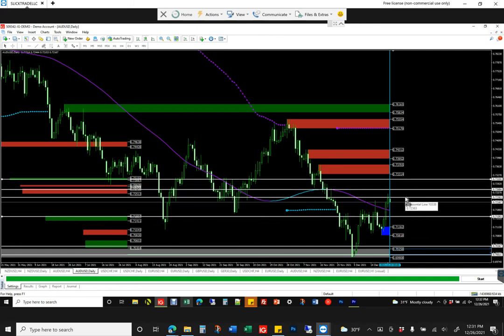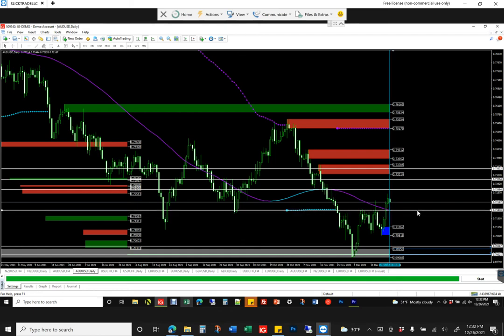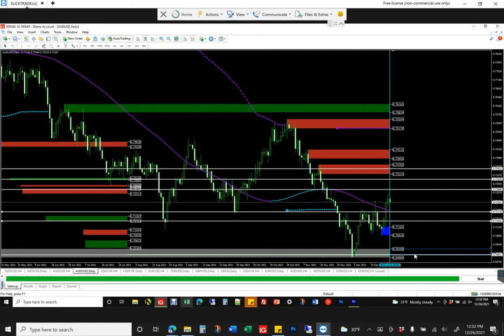Probably the internet. Identify some new support and resistance levels here. This is over our pip range. So we're going to bring it up to the next support level right there. Bring these up for our take profits here.